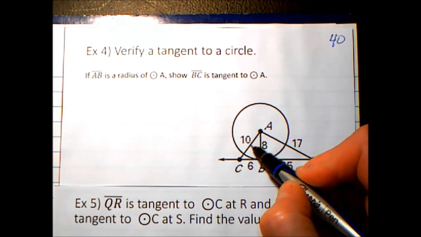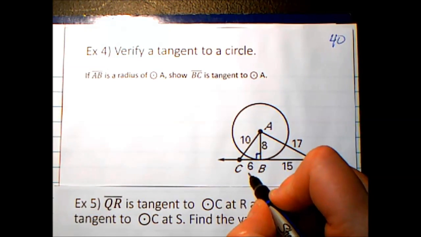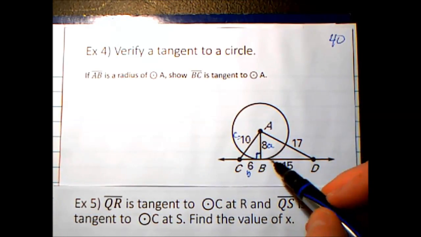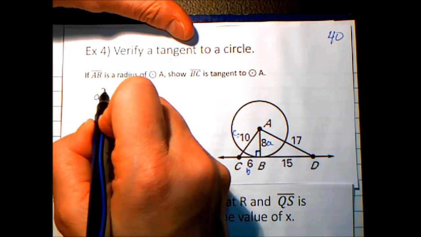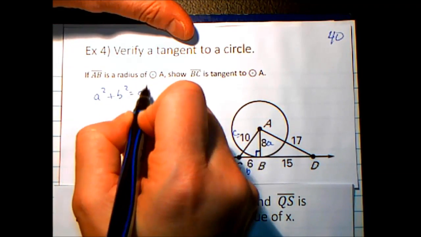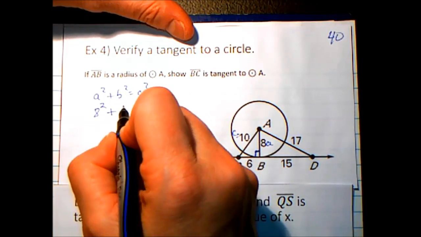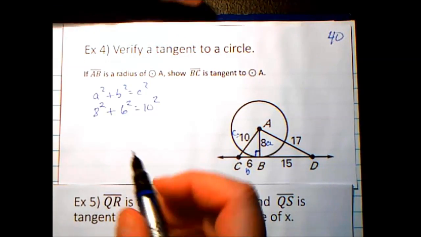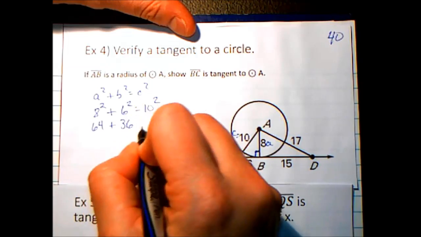Well, to be tangent means I need to prove that this is a right angle. And if you notice, here is a right triangle that appears here. So I'm going to use A squared plus B squared equals C squared to test to see if it is actually a right triangle. A is 8 squared plus B, which is 6 squared, should equal 10 squared. 8 squared is 64, 6 squared is 36.